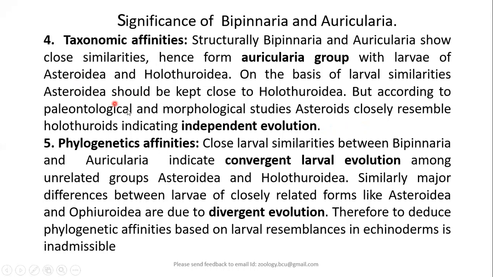Similarly, paleontological study of fossils also does not show any resemblances between the adult asteroids and the holothuroids. This indicates that asteroids and holothuroids must have evolved as independent classes. That means there is no close relationship with regard to the evolution. The larval resemblances are only superficial.